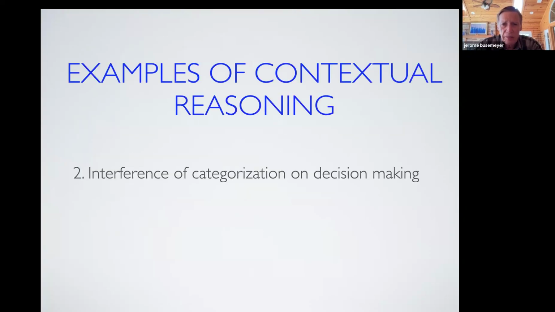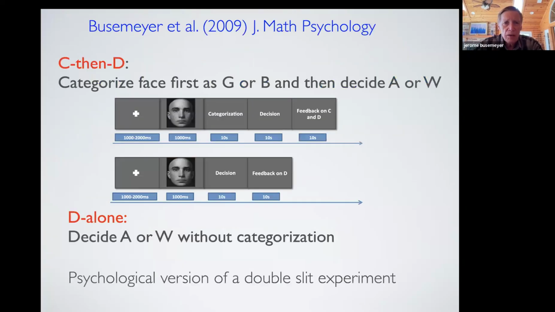So let's take another example. I'm going to call it a categorization decision-making example, and this is an experiment. People are shown faces, sometimes wide faces, and sometimes narrow faces.